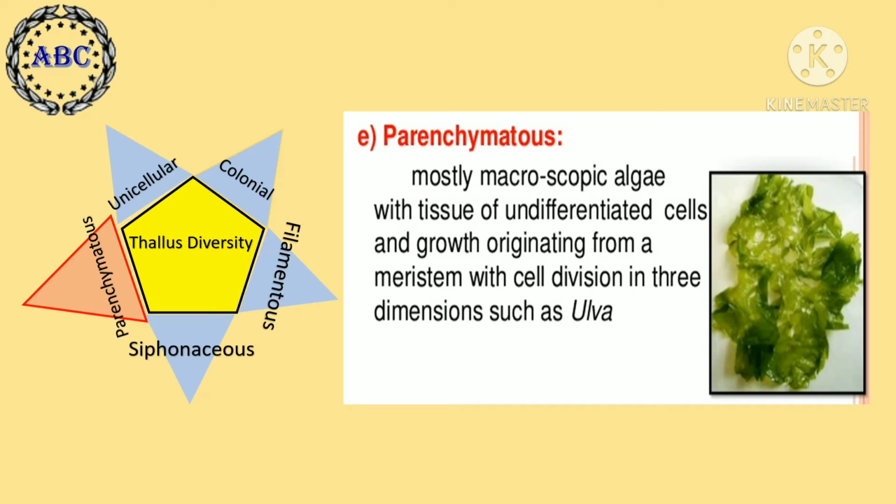The daughter cells do not separate from the parent cell and give rise to parenchymatous thalli of various shapes like flat, tubular, etc. The growth of such thalli is apical, mostly macroscopic algae with tissue of undifferentiated cells and growth originating from a meristem with cell division in three dimensions, such as Ulva.